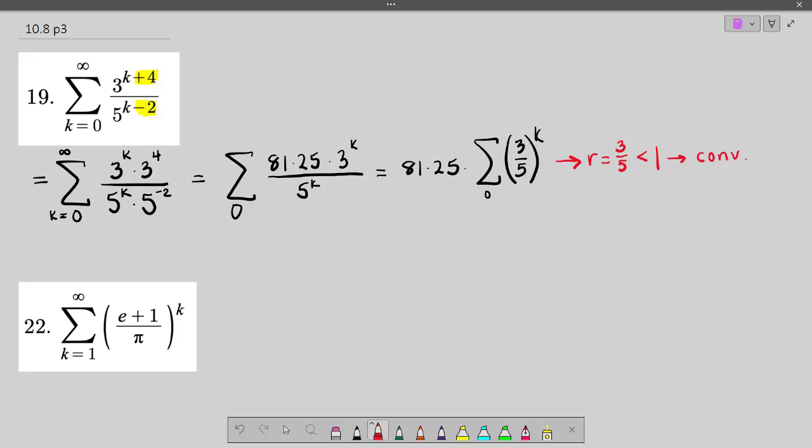Because it's geometric, we can, in fact, find the sum. So the sum is going to be a, which is 25 times 81, over 1 minus r. And so this will end up being, still haven't multiplied that out yet, that's 5/5 minus 3/5, which is 2/5.